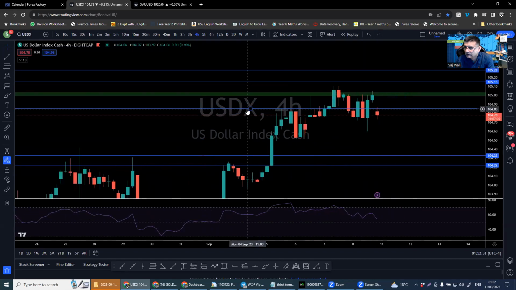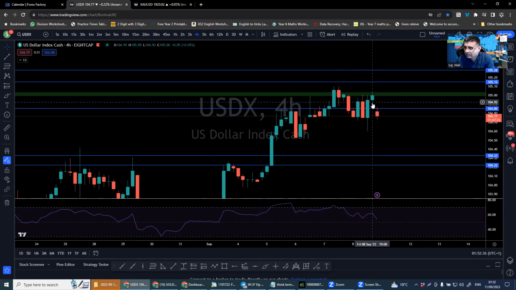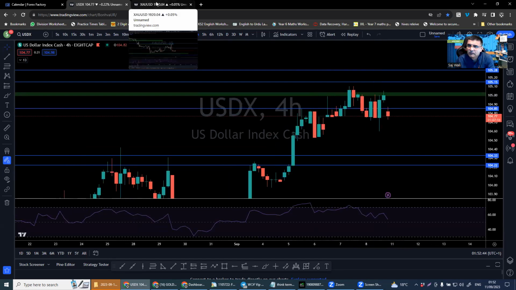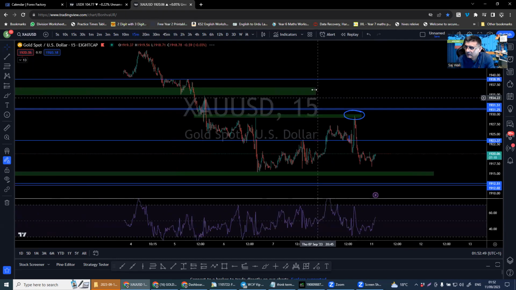As you can see, this is the situation at the moment. There's a gap in the market, so it depends when. Hopefully, market will come down and then maybe go up. Let's see how it reacts to today's trading, and let's see what's happening in the gold.